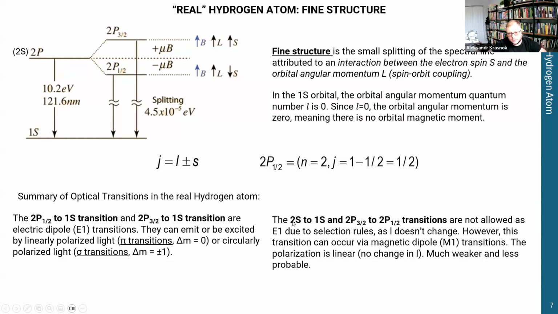In fact, these magnetic dipole transitions are much weaker, much less probable in nature, because of the nature of any magnetic effects. They are intrinsically weak. So these two transitions will be very weak, and we probably won't see them in experiment, but these two transitions will be very bright. All right.